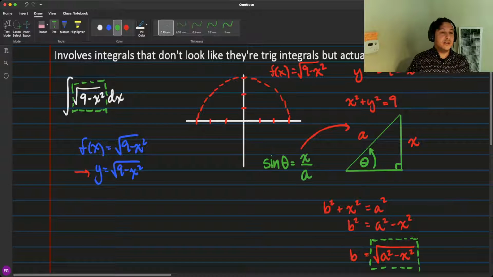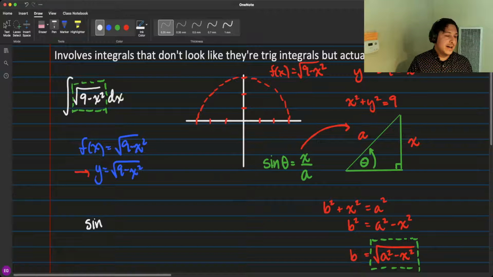So it's interesting, because you might now realize that to solve this problem, maybe we can say that the sine of theta equals x over 3.